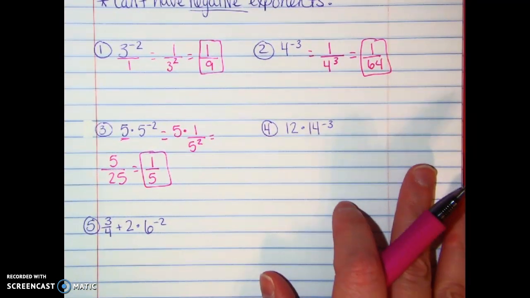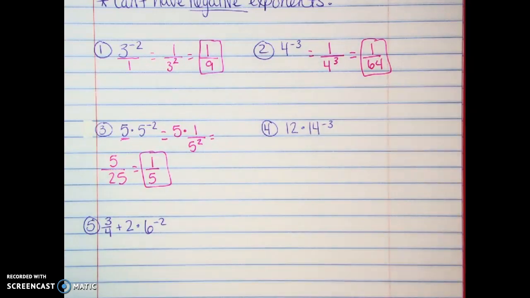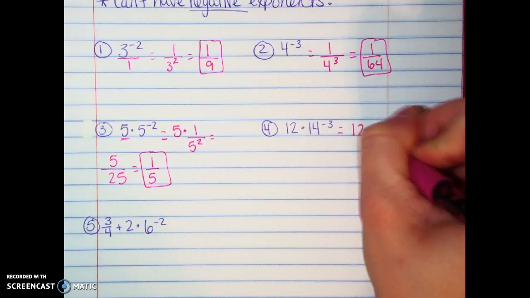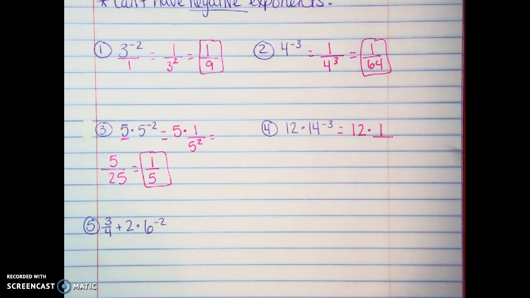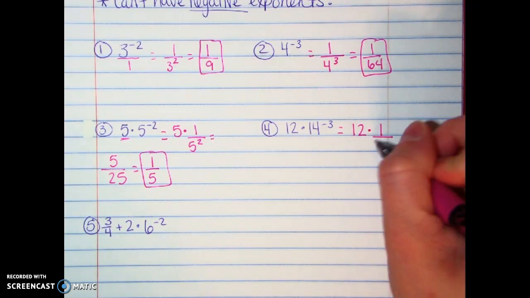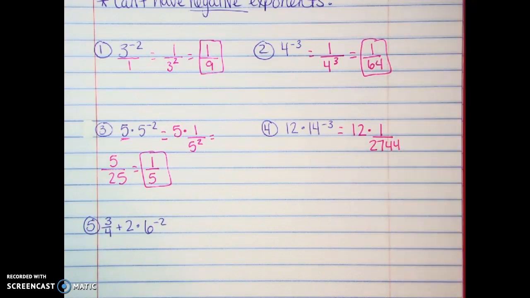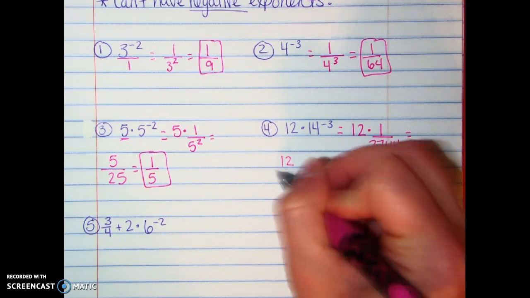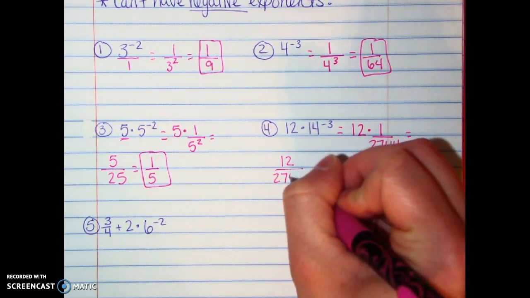Number 4, 12 times 14 to the negative third. So this is going to become 12 times 1 over 14 cubed is 2,744. So I'll rewrite this down here as 12 over 2,744.